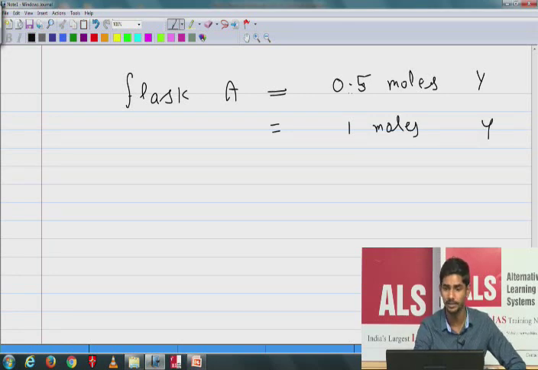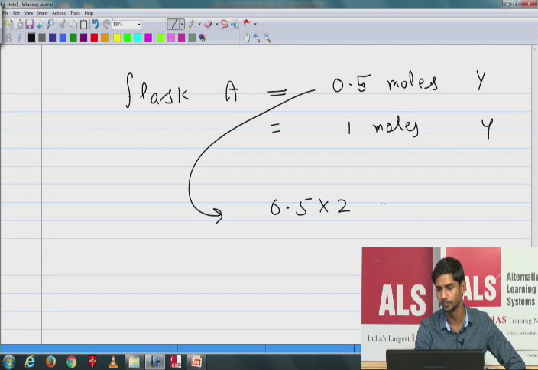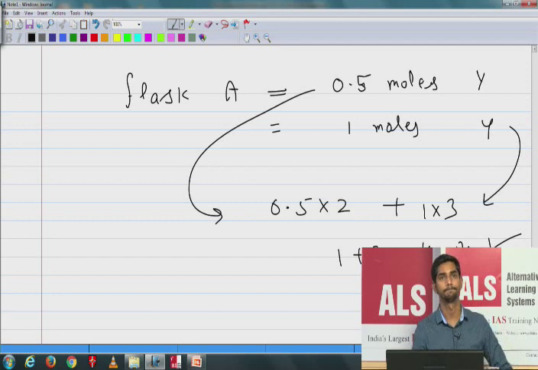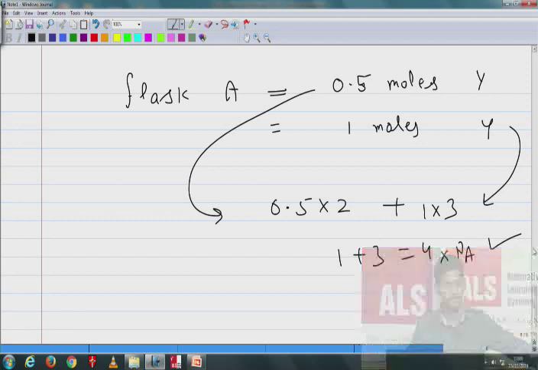The difference is this is diatomic. So diatomic means what? 0.5 into 2 plus, this is triatomic, means 1 into 3. If you solve this, 1 plus 3, it comes out to be 4. So just multiply it with the Avogadro number and we will get our answer. This can be the answer for this one. Got it?